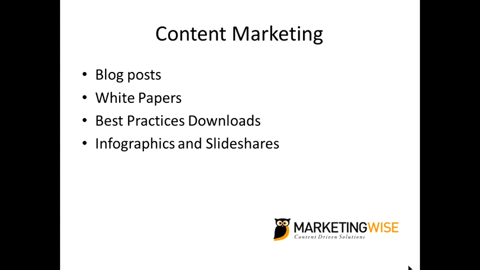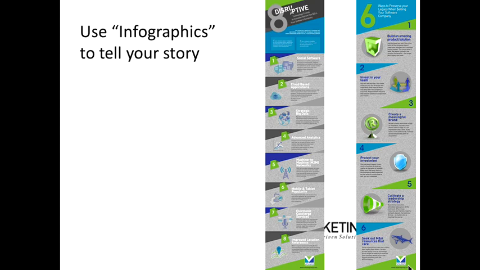And then infographics and slide shares. So infographics, this is a great way to concisely tell a story. And we have two examples here. Basically, these two are designed for a mobile phone, but they could be bigger, different sizes. But the key thing is that you can digest the information very, very rapidly, and you get the gist of what is trying to be conveyed as quickly as possible.